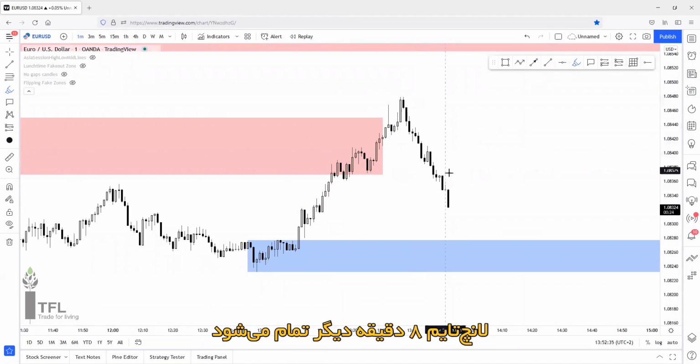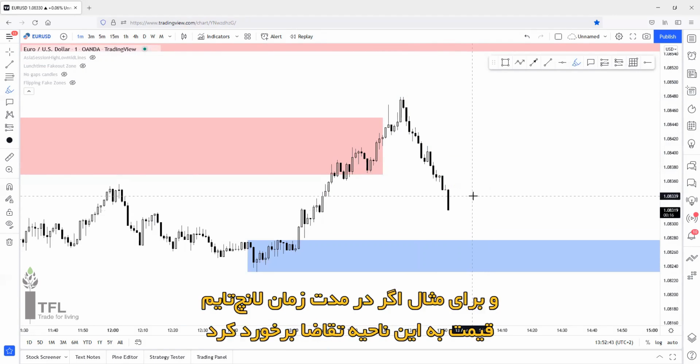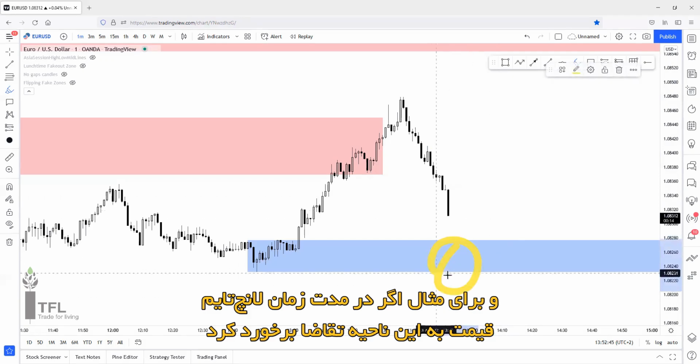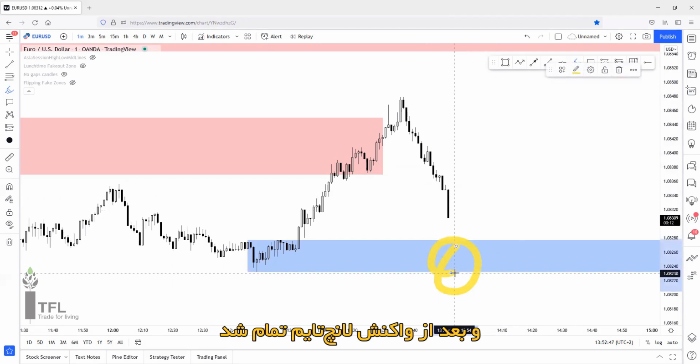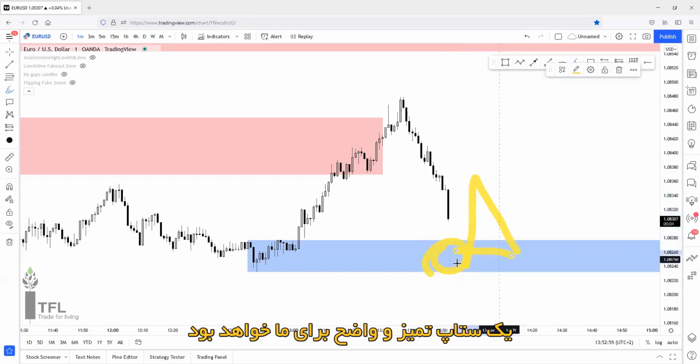So when will lunchtime end? Lunchtime is ending in 8 minutes. If it ends, and for example, price taps this 50-minute zone inside of the lunchtime area, but it reacts on this zone, and after the reaction, lunchtime ends and creates a change of character outside of lunchtime, that will be a clean setup for us.